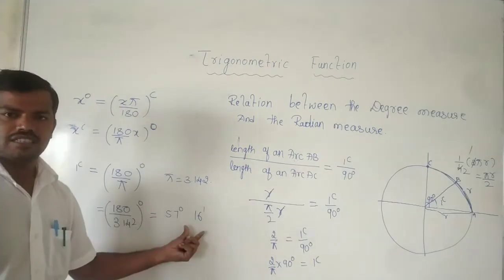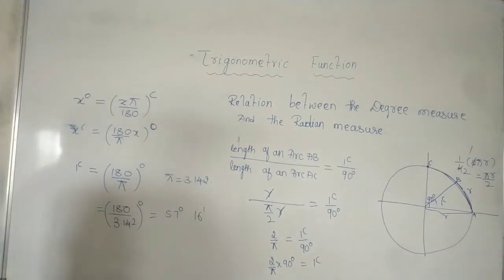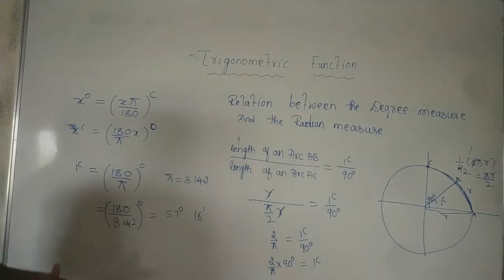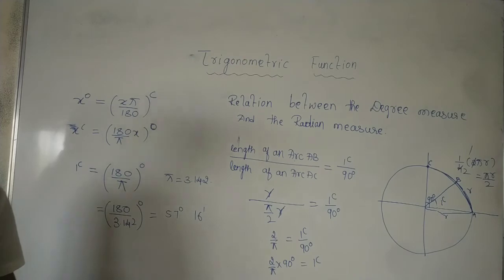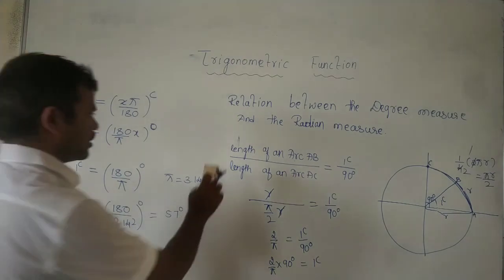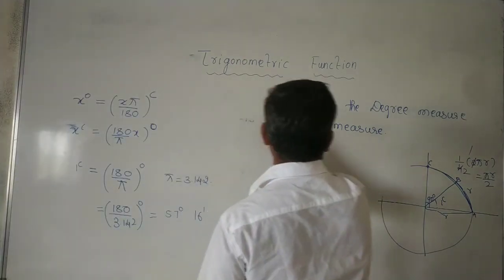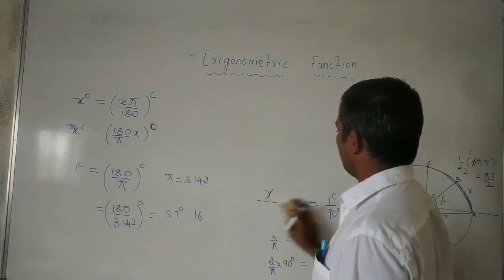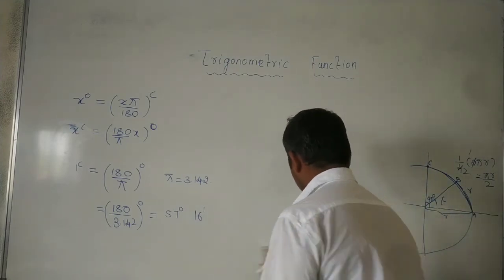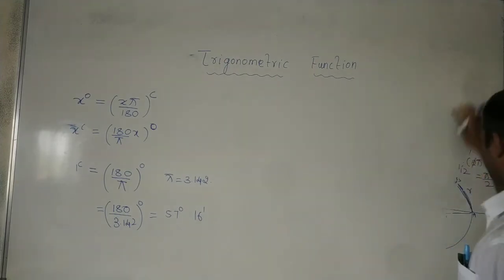57 degree 16 minutes. So if you divide 180 divided by 3.142 you will get that. So how to divide? You are very familiar with how to find out the division of the two numbers.